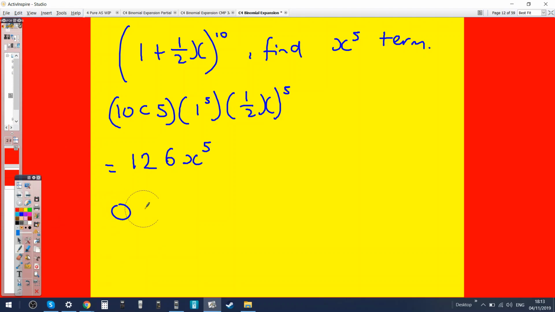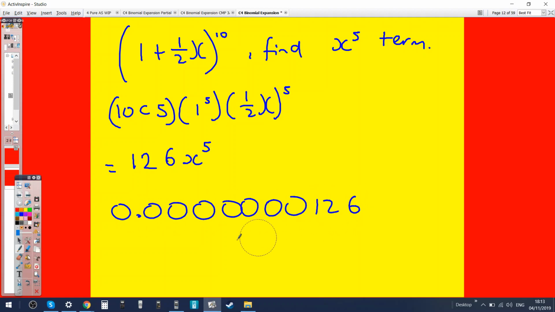So that is 1, 2, 3, 4, 5, 6, 7, 8. And 126, yeah. So it's to the minus 8, so there's 8 zeros to the left. And we were asked for the previous one to 5 decimal places. 1, 2, 3, 4, 5. And that's why we didn't need to do that any further, because it wouldn't affect the 5th decimal place.